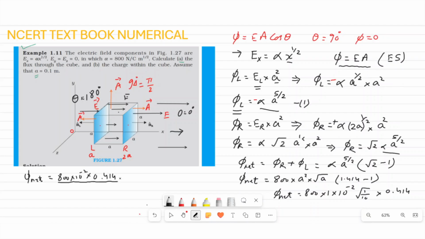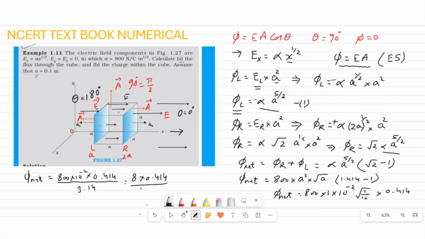This 100 will be cancelled. 8 into 0.414 divided by 3.16. This approximately comes out to be 1.05. And unit of the flux will be Newton meter square per coulomb. So this is the final answer, total flux.